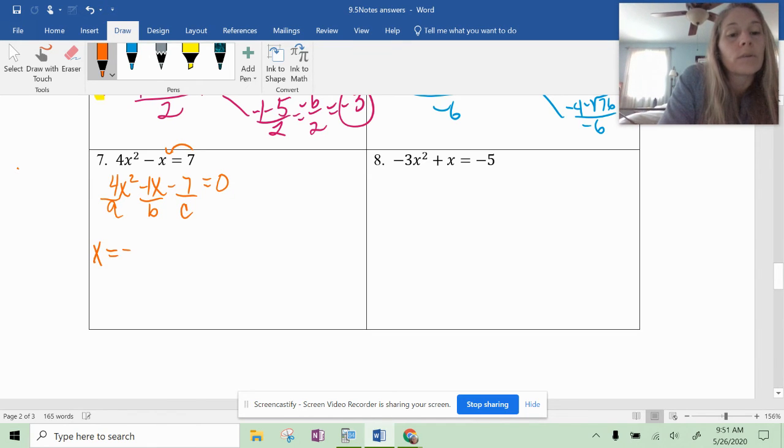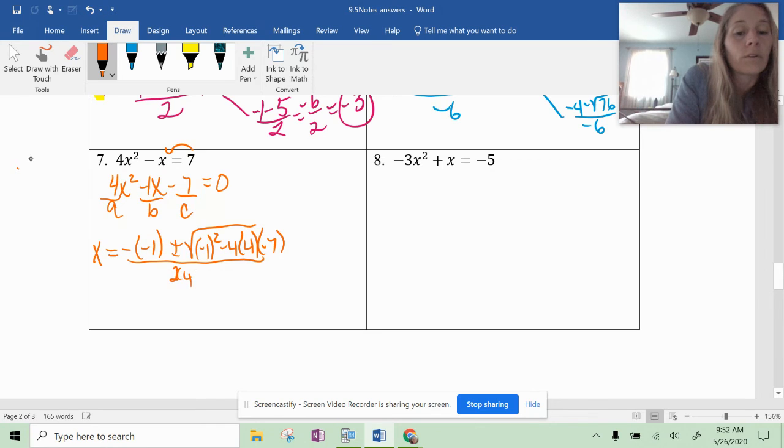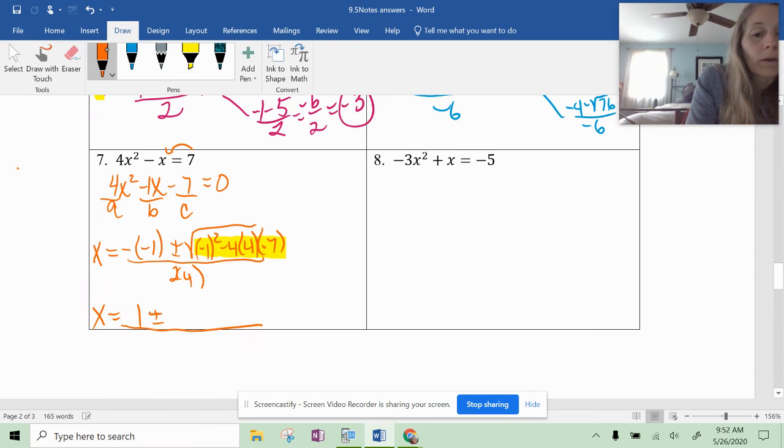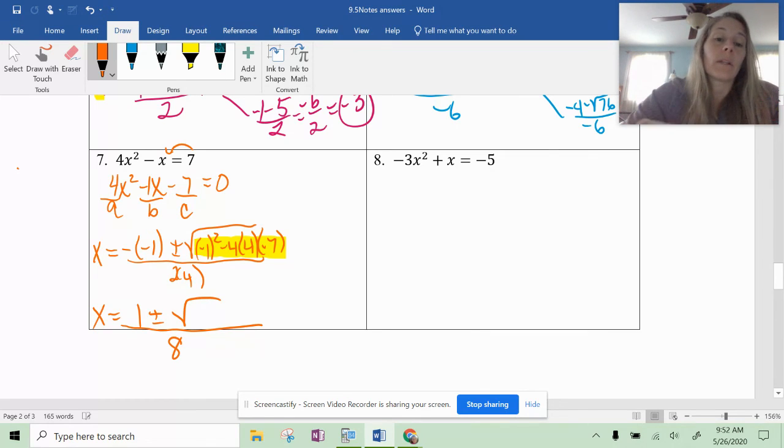So x equals negative B, so that double negative, plus or minus the square root of B squared minus 4 times A, which is 4, times C, which is negative 7, over 2 times A. Again, finding that discriminant. So we know that negative 1 is just going to be 1. And on the bottom, 2 times 4 is going to be 8.